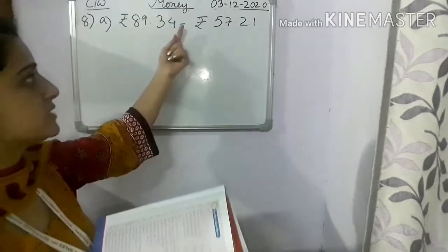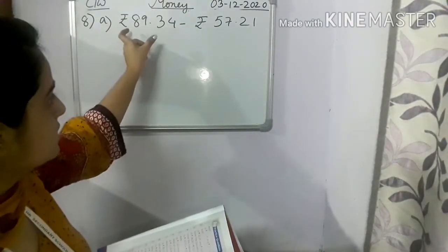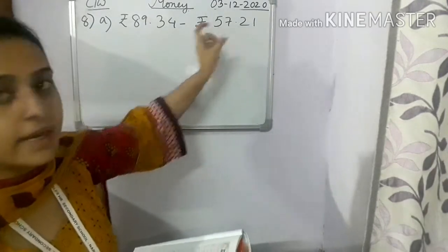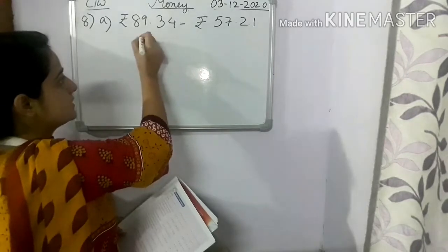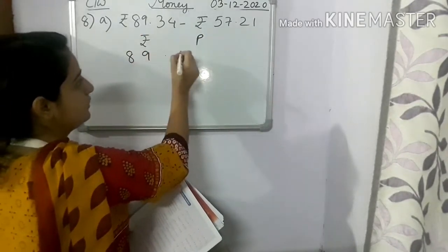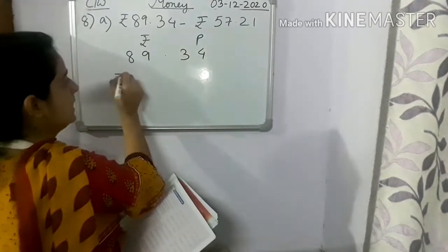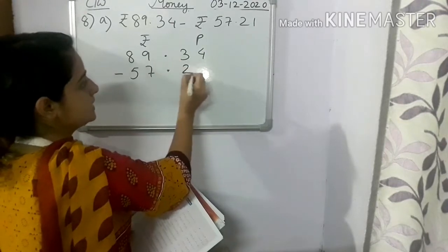The subtraction is given, minus sign is given. It means we'll arrange this first and this will be arranged below the bigger number. Let's give rupees and paisa. Then let's arrange 89.34 first, minus 57.21.